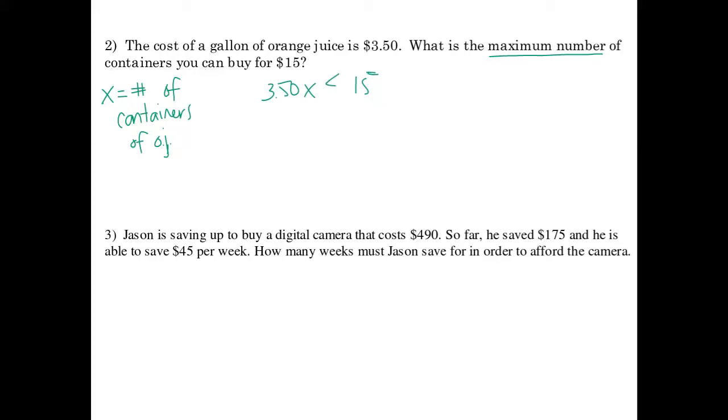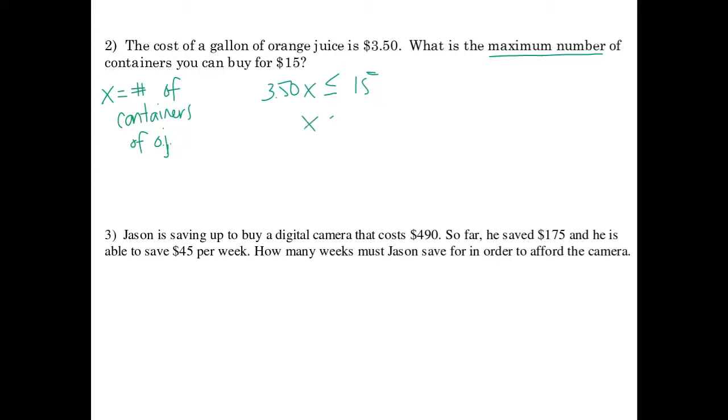Hopefully you were thinking less than. The second question is, can we spend exactly $15 or strictly less than? And if I have $15, I could spend all of it, but I can't spend more than that. So we'll simply say 3.50x is less than or equal to 15. And then to solve it, we'll just divide.